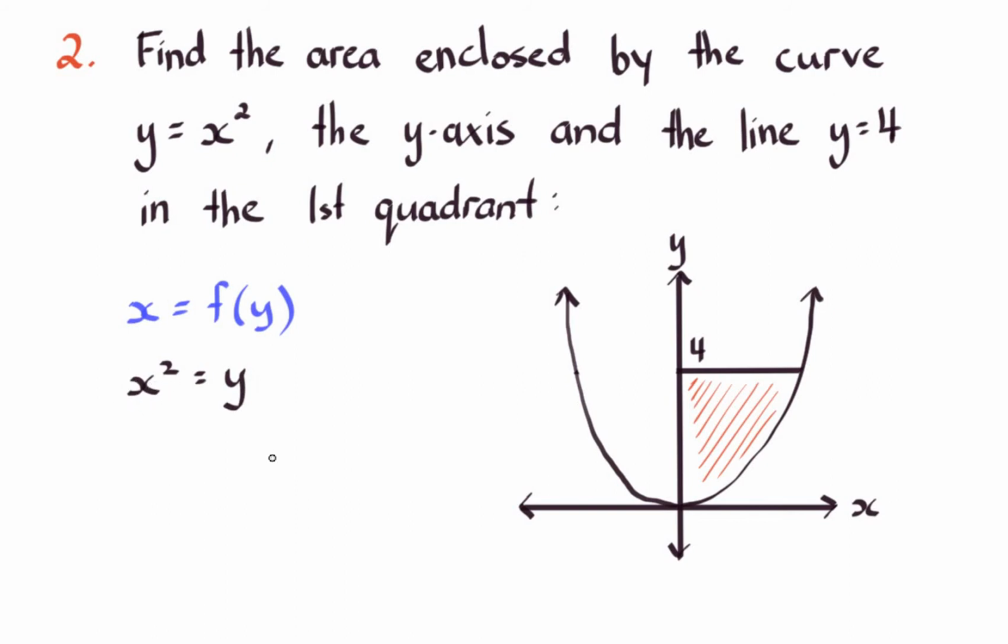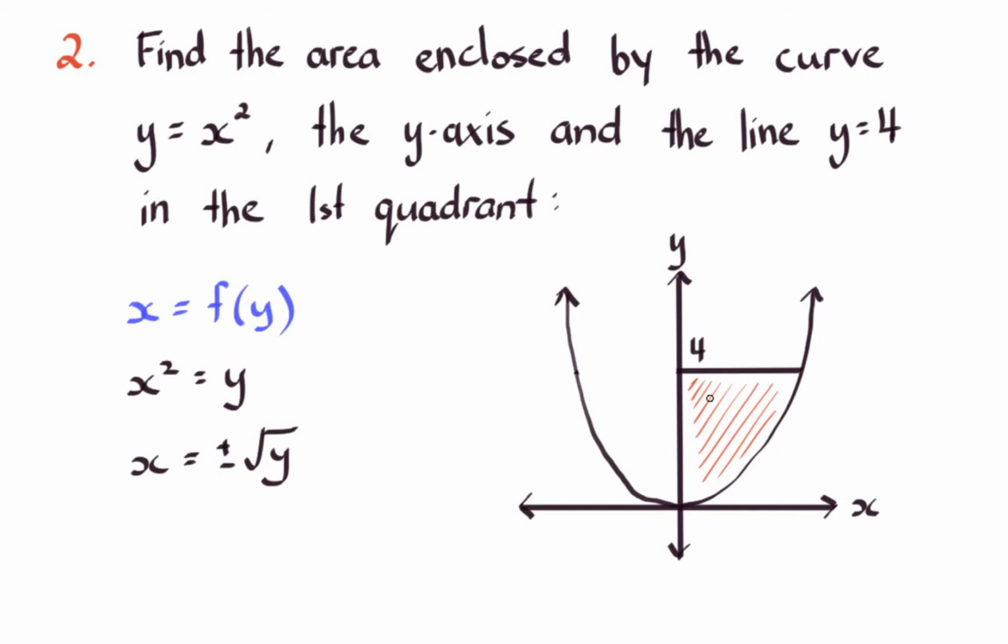We need to take the square root of both sides, and when we do that, we end up with plus or minus the square root of y. This is actually 2 different sections of our parabola. The positive square root is this section over here, and the negative square root is over here to the left.